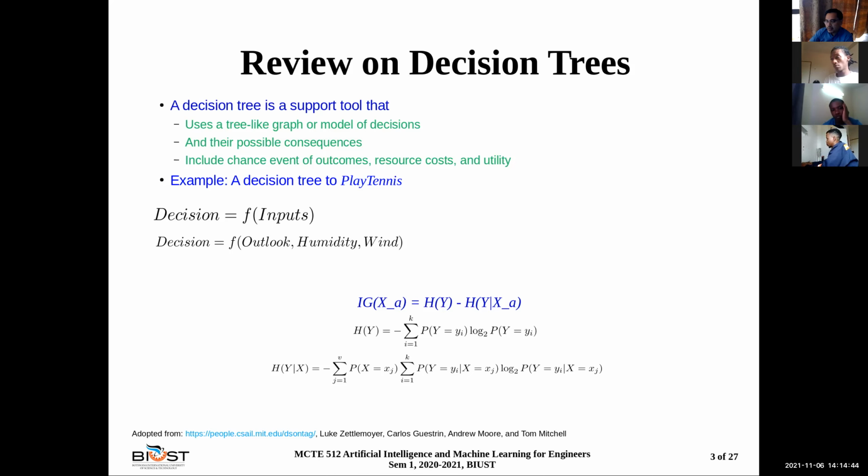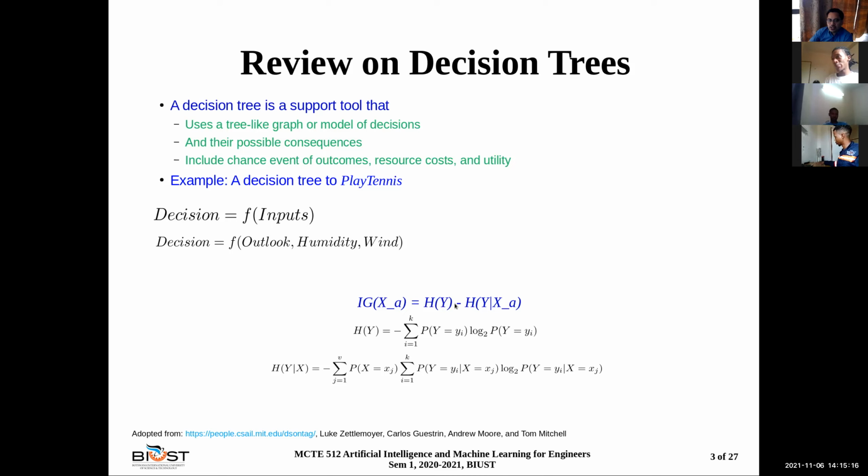Okay, and then how do we construct the tree? It is by these equations of information gain. The information gain will help us decide which layer we will use, and that is based on how much information we are going to get. So we want to maximize the information gain. If the information gain is 0 or constant, then it is not that useful to proceed.